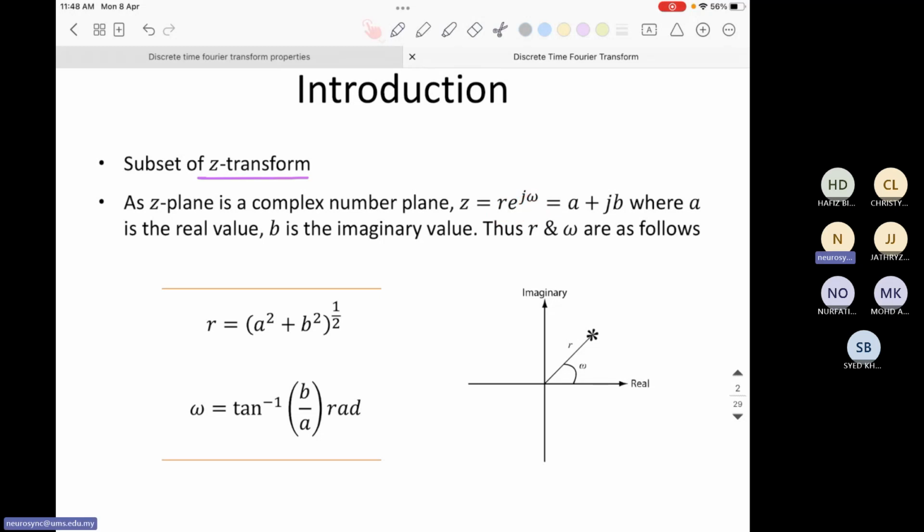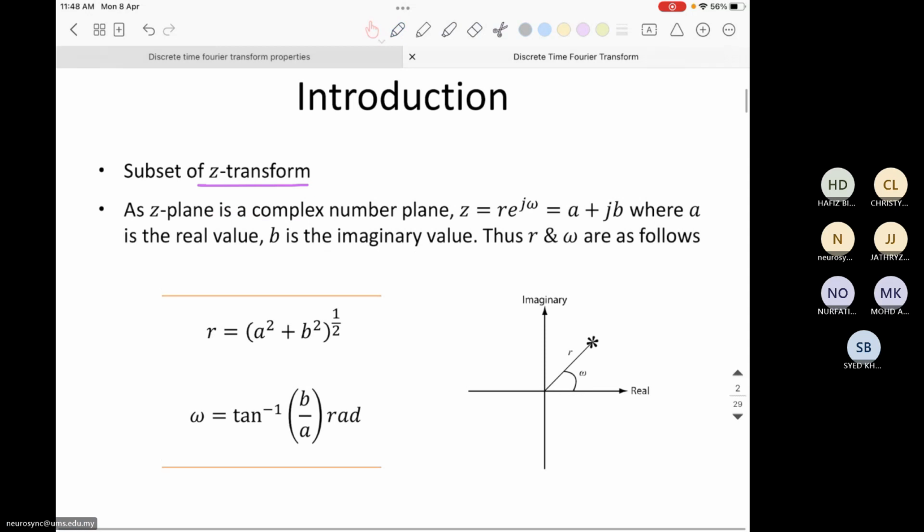If we extend this, the real part is A and the imaginary part is B, so we can also write this as A plus jB, where A is the real value and B is the imaginary value.